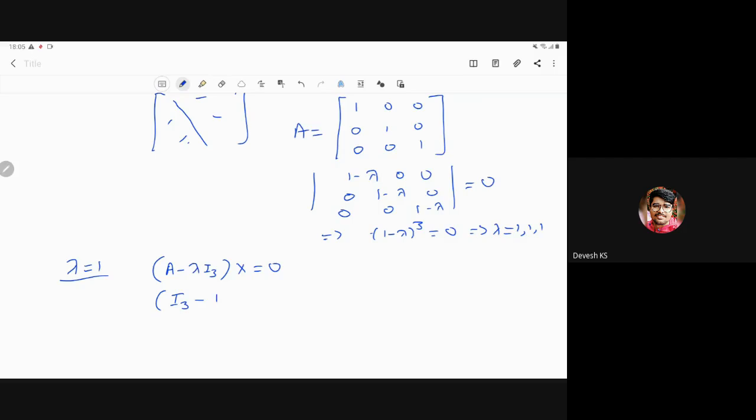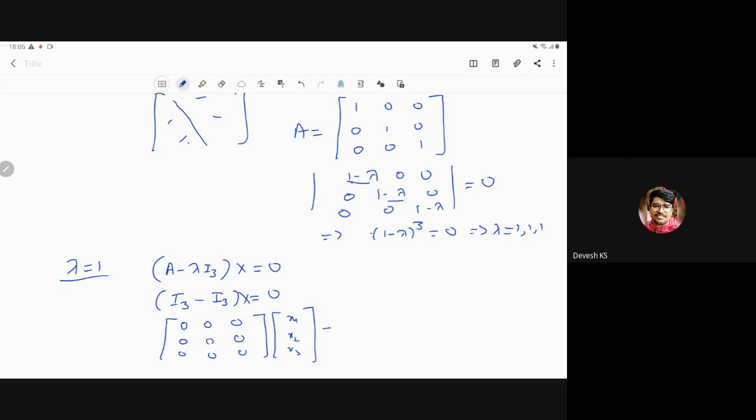So you get I3 minus I3. Lambda is 1. Means you get this kind of situation, all zeros. Otherwise also you can understand from here, if I put lambda equal to 1, diagonal entries become 0. So you get a null matrix.